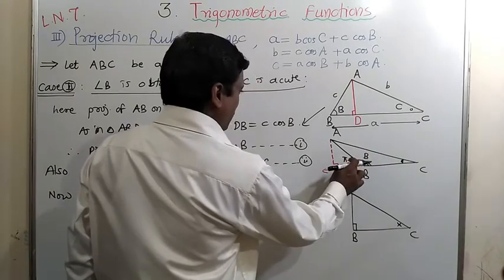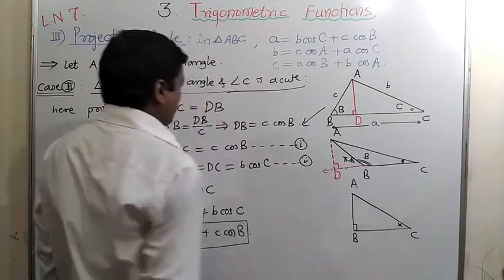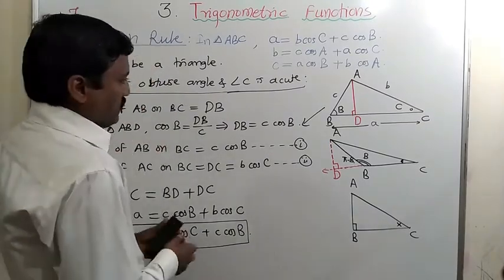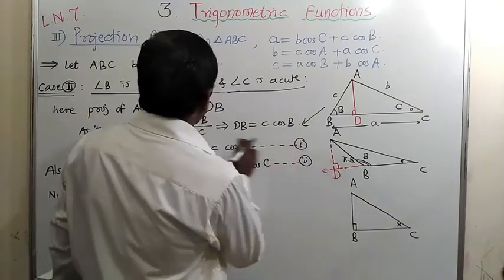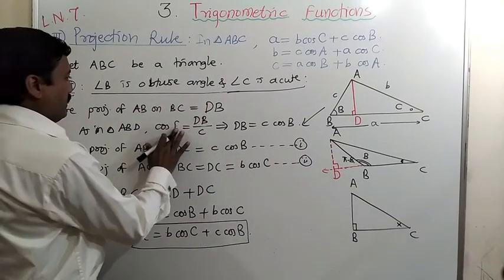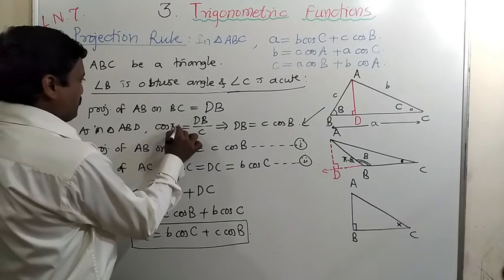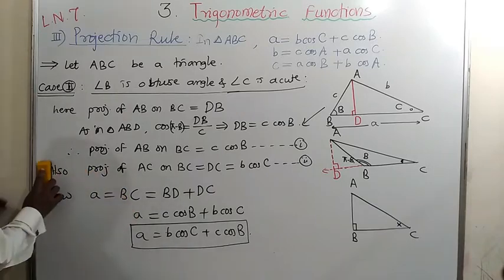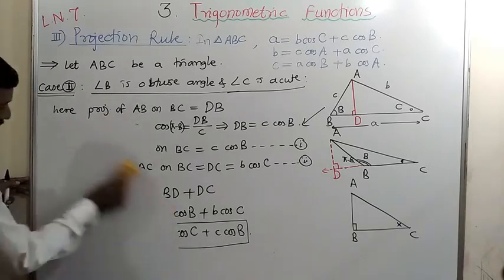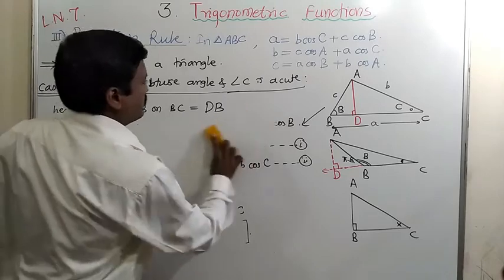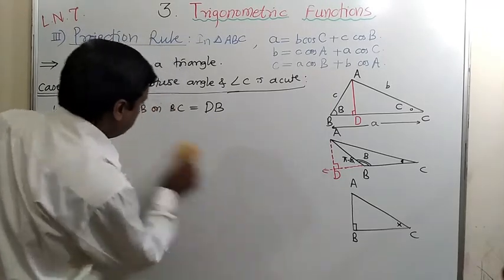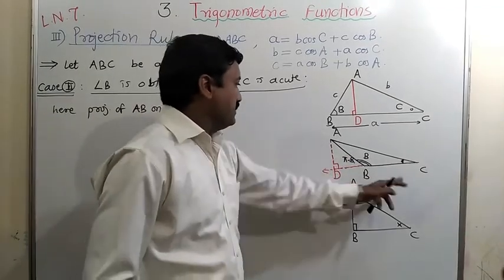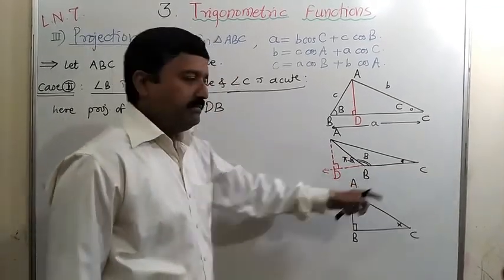So here we get cos of pi minus B. Or I will write the total answer once again. So the projection of AB on BC is equal to DB.